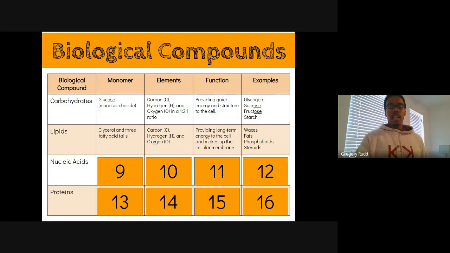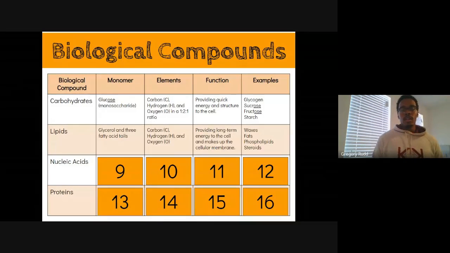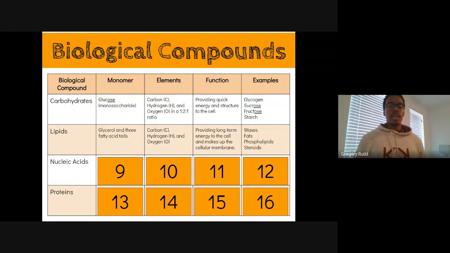Okay, now the last 2 rows we talked about, we introduced yesterday. So we'll take these a little bit slower. Can someone tell me what the monomer of a nucleic acid is?